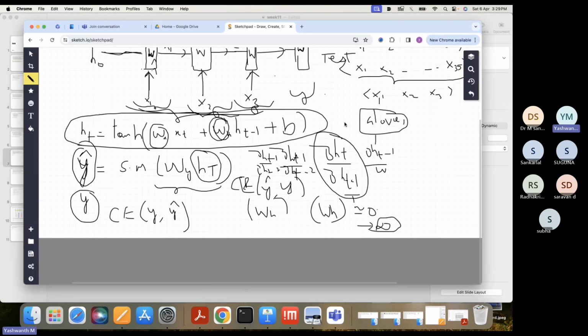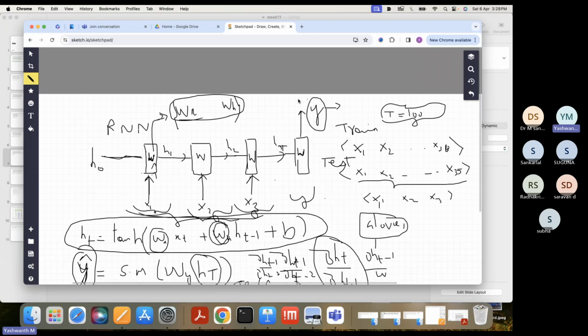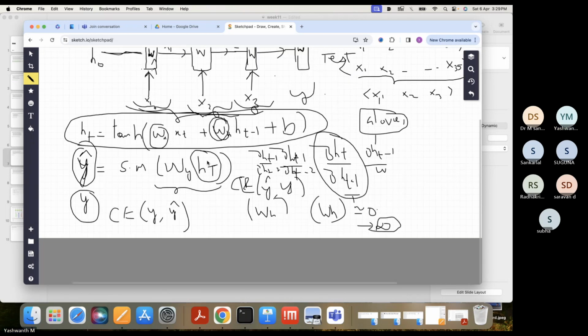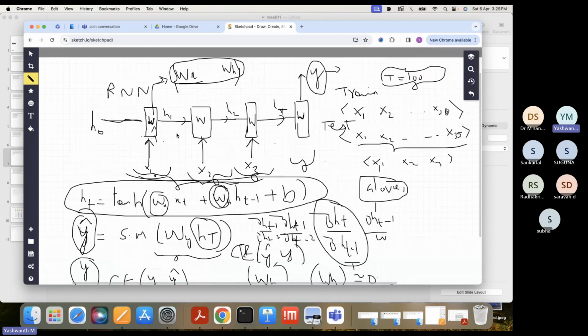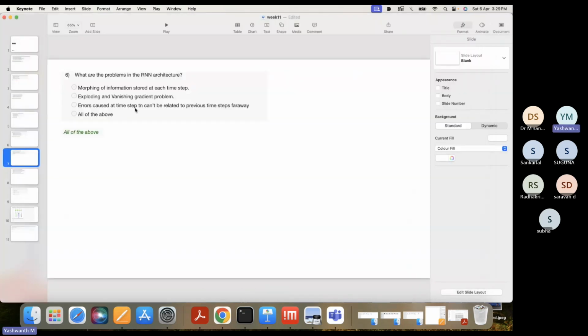Right, if there is some loss that has happened here because of vanishing gradient problems, it cannot be backpropagated through the initial steps. This happens because of the vanishing gradient problem.